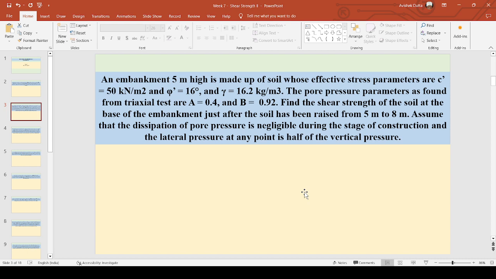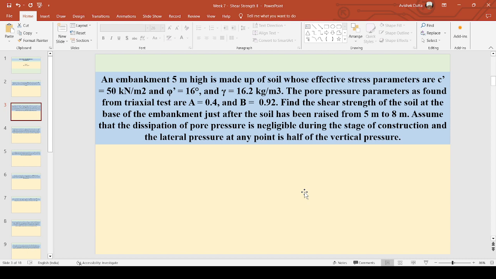Now the embankment height was 5 meter. After the height has been raised from 5 meter to 8 meter, we have been asked to find out the shear strength of the soil at the base of the embankment. Assume that the dissipation of pore pressure is negligible during the stage of construction and the lateral pressure at any point is half of the vertical pressure.